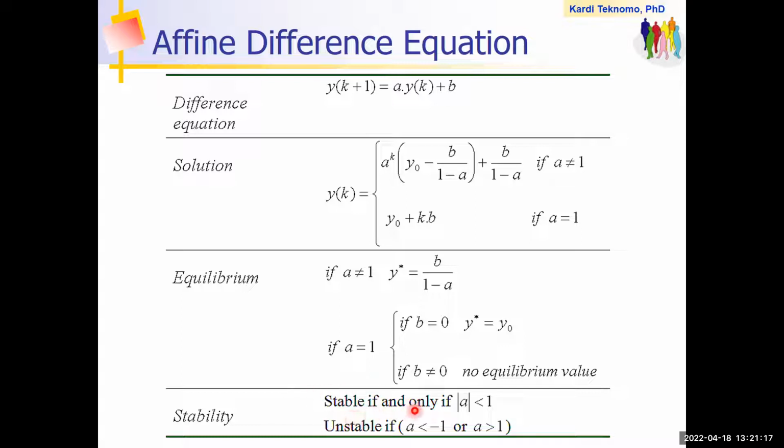This difference equation is stable if and only if, that means very strong, the absolute value of a is less than 1. That means between -1 and +1. So this is what we used a while ago.